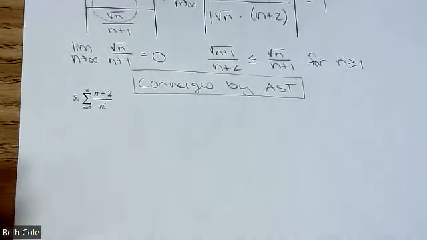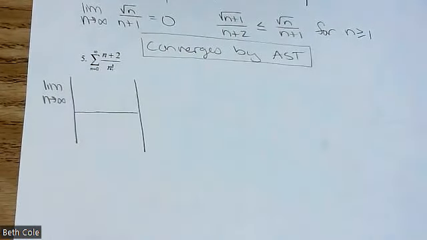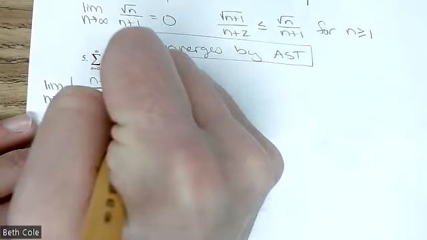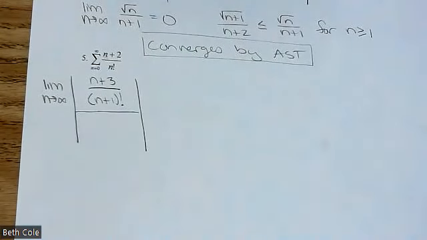All right, we're just going to try one more. Limit as n goes to infinity, gigantic absolute value. So when you plug in n plus 1, what is that going to give you up here? n plus 3 over n plus 1 factorial.